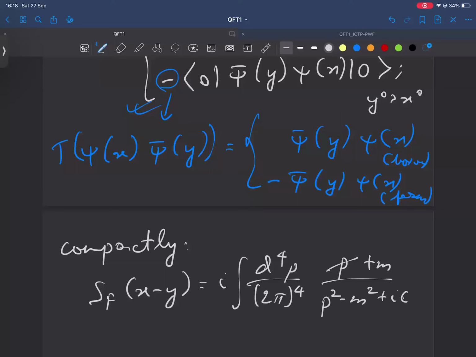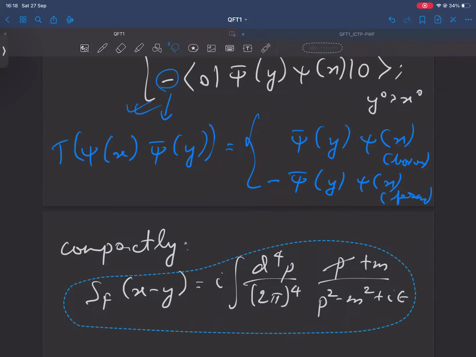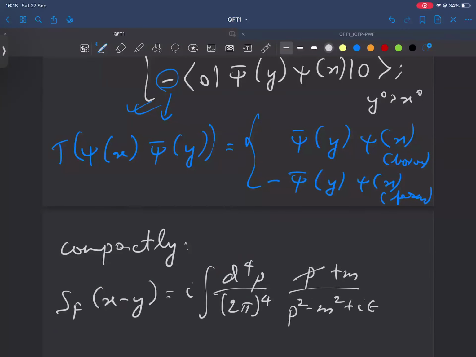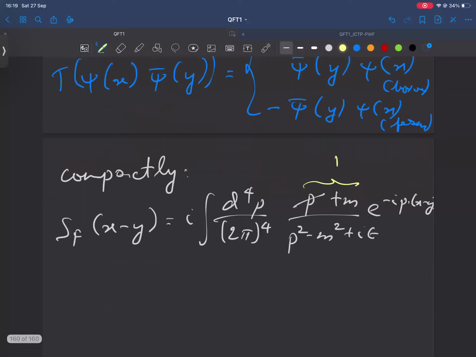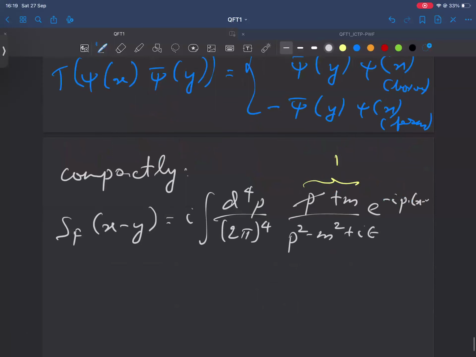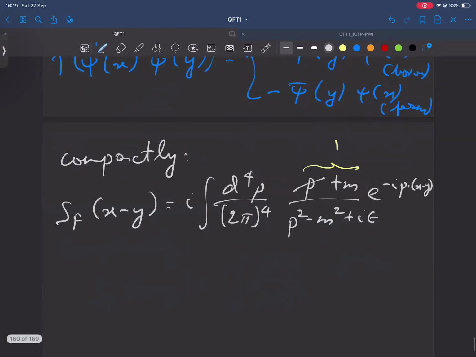The only difference that you will be noticing is that in the numerator, now we have the Dirac operator in the momentum space, but in the complex scalar field case, this was just 1. Okay, so we just had 1 over p square minus m square plus i epsilon. But now we have the Dirac operator acting on the plane wave basis.